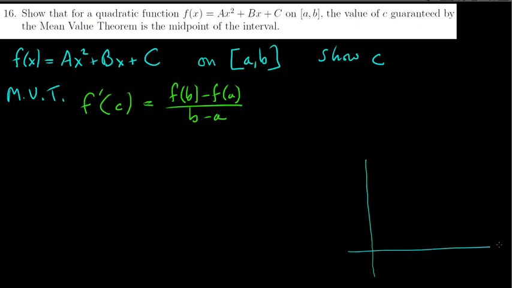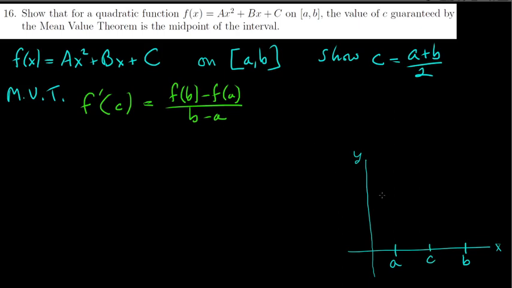Let's say this is a here, and this is b way over here. We want to show that c is halfway in between. You know how to find the midpoint: just add them up and divide by 2. It's just a plus b over 2. That's what we want to show, that the c is right in the middle here.